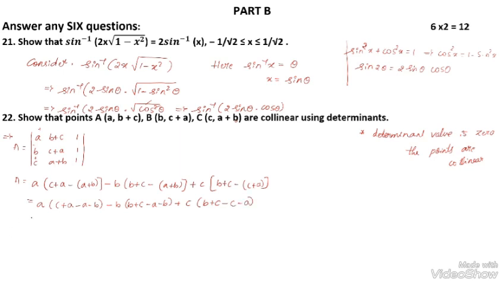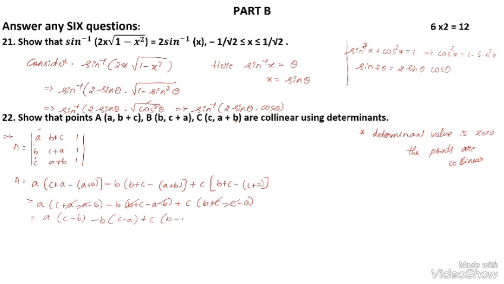I can take here A into plus A minus A get cancelled. C minus B here, plus B minus B get cancelled. We have C minus A plus C minus C get cancelled.